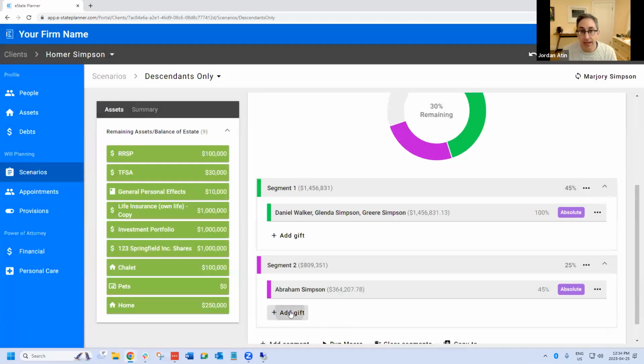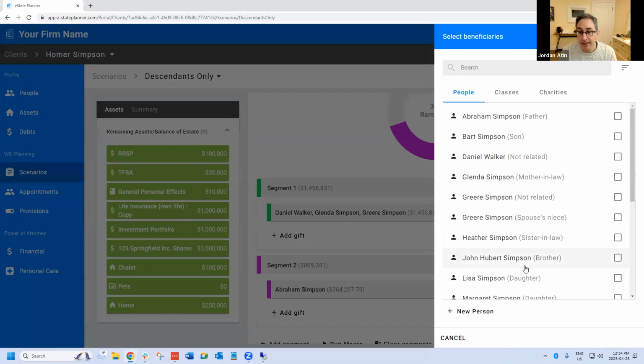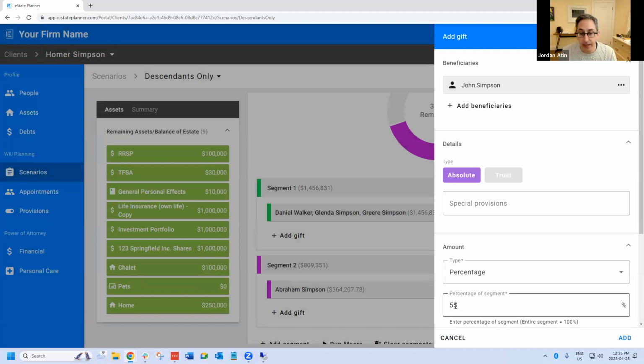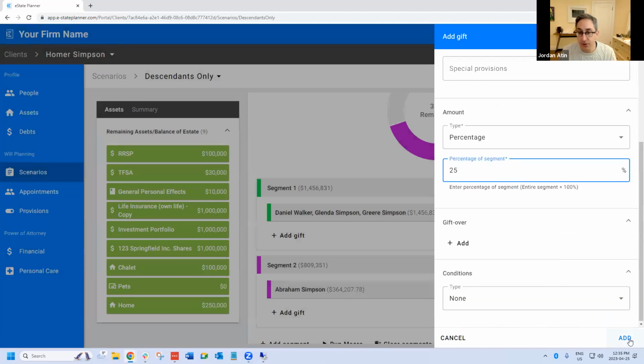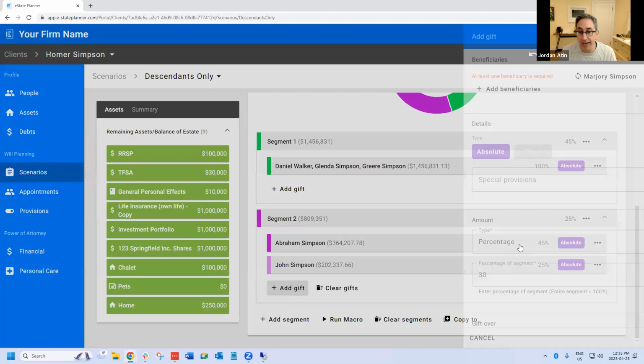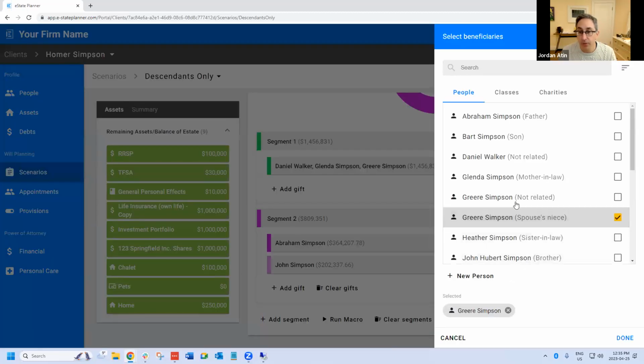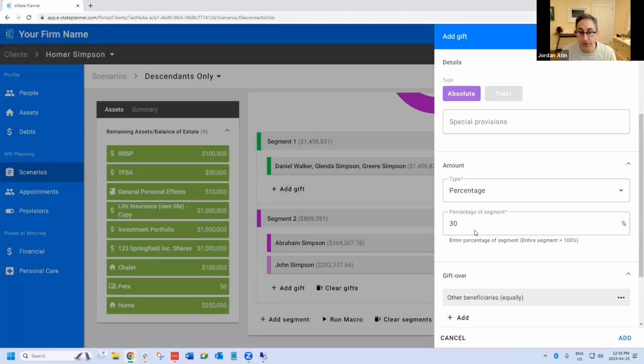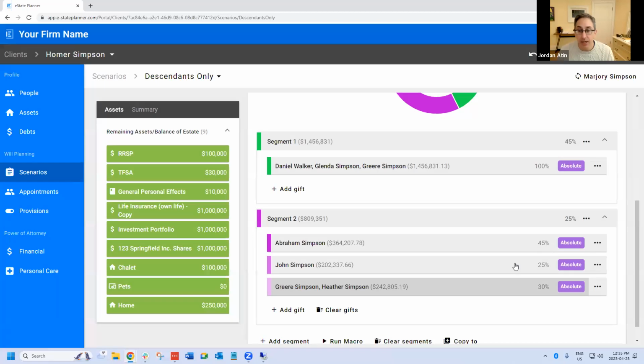And then the other 55% is going to go to John Hubert. Maybe he's going to get another 25%, et cetera. And you just make the gifts as you go along, fill in whatever part you want. And then we're going to fill in the balance of that gift with Greer and Heather. There's 30% left. They're going to get the balance of that.